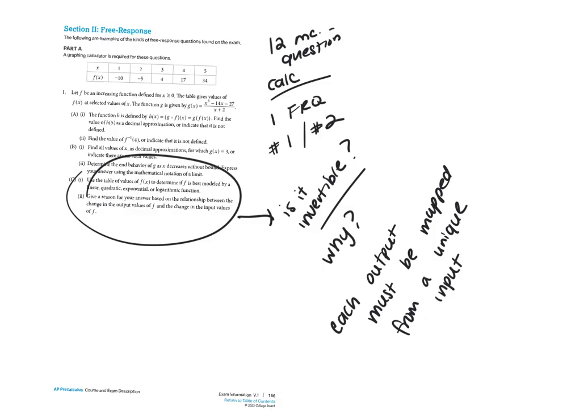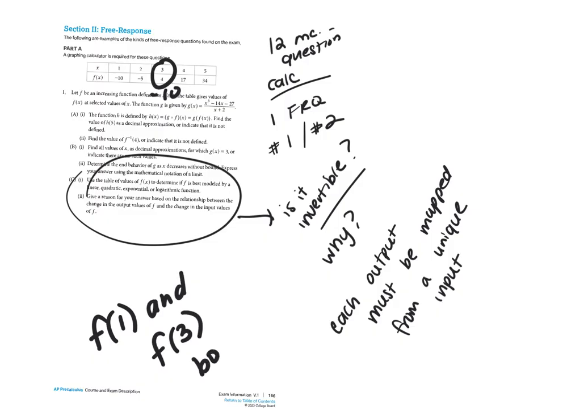So let's just say this also said -10 here. Then I would have said this is not invertible. And the reason is each output is not mapped from a unique input. Specifically f of 1 and f of 3 both equal -10. So you have to specifically give a reason why, okay?